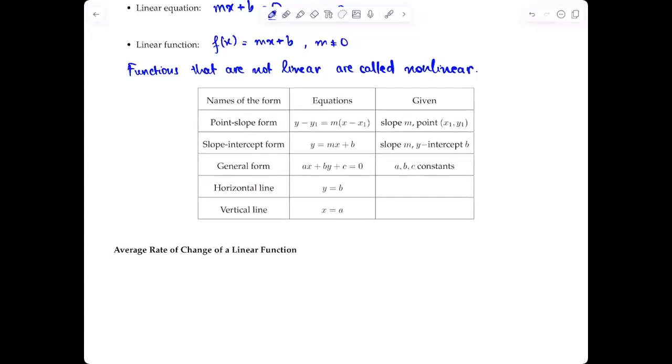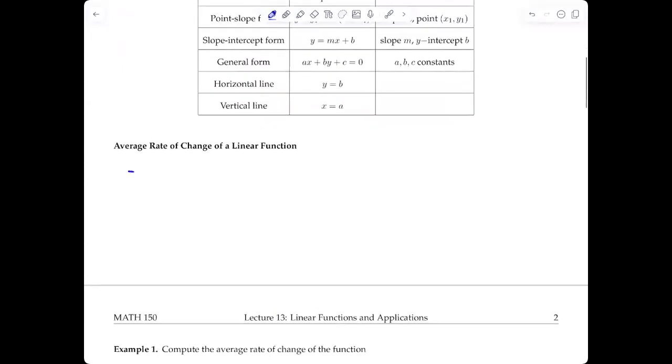Now, the next concept I want to mention here is the average rate of change. Linear functions have a constant average rate of change.